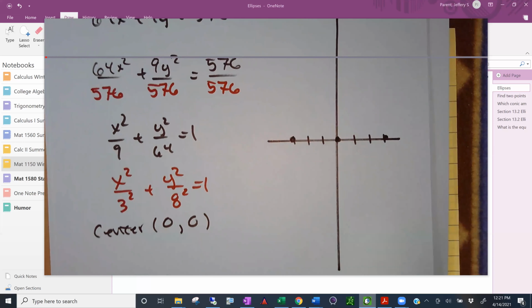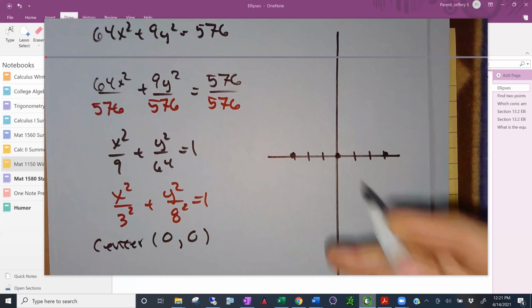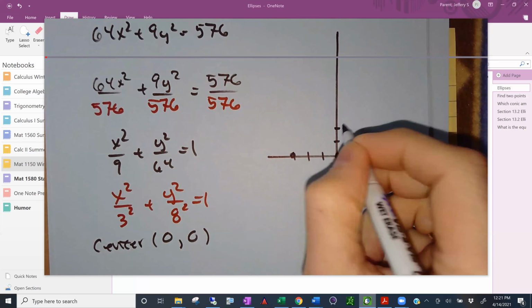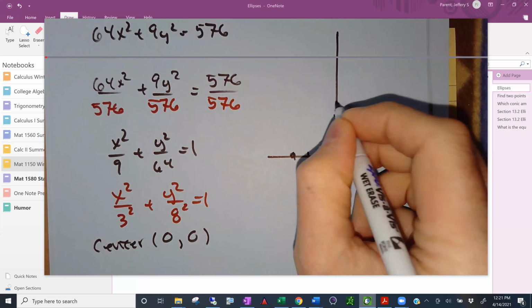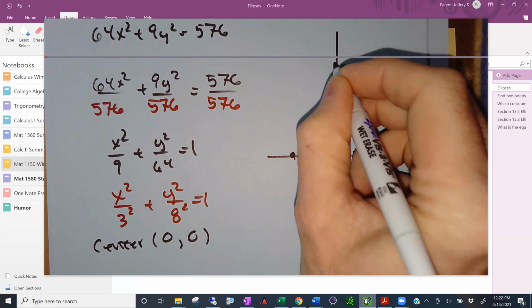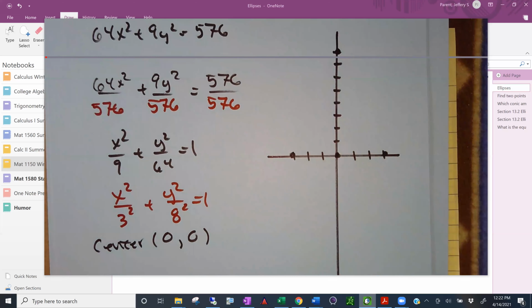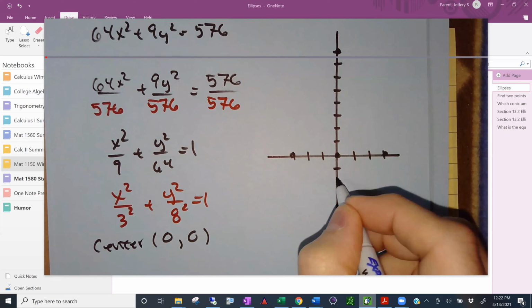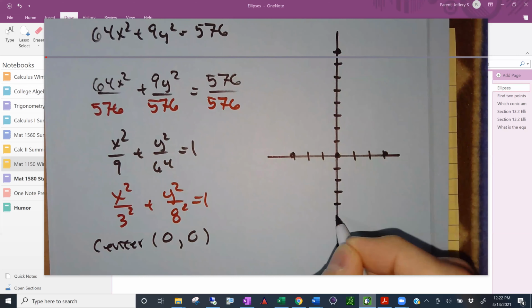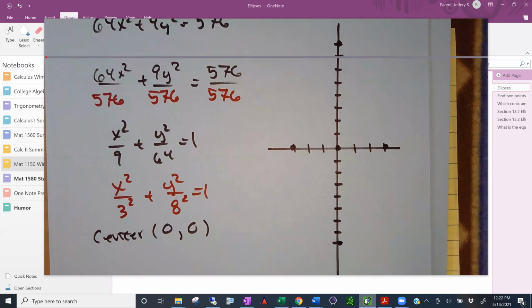You might notice that I drew this taller than I did wide. 1, 2, 3, 4, 5, 6, 7, 8. Way up here, it's going to be one of your vertices. And then down below is going to be another one. These are the 4 points that you'd use to draw your ellipse.